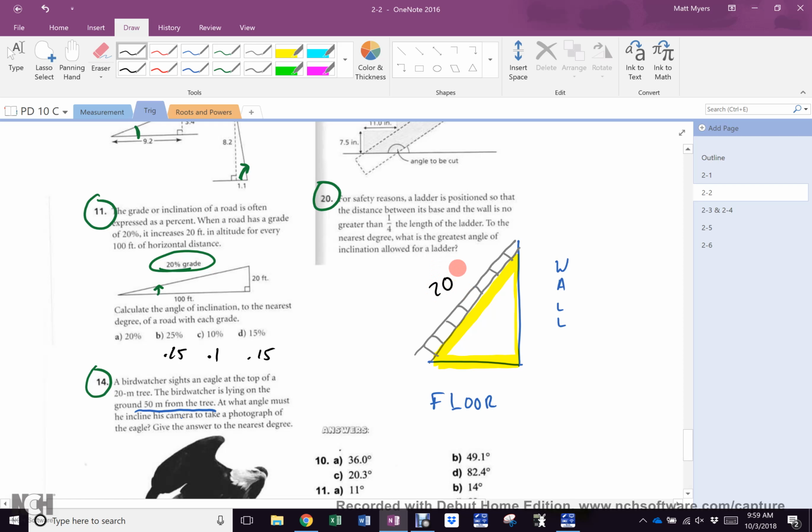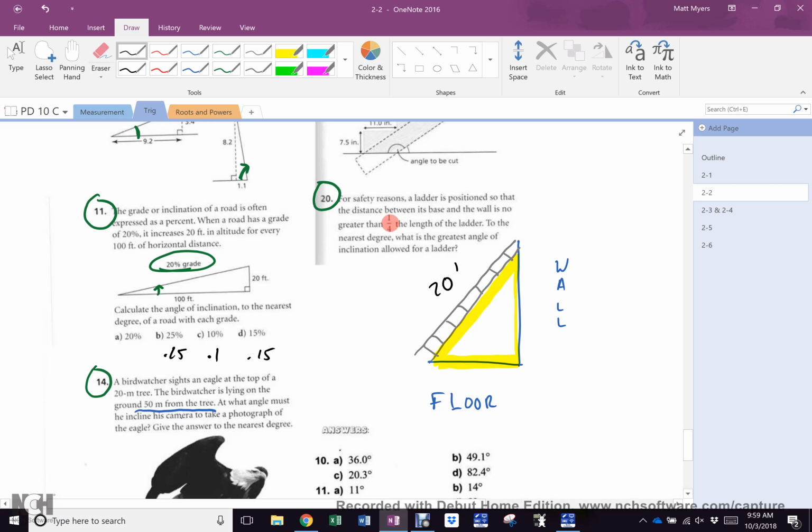This is a 20-foot ladder. Now, Preston, I know why you chose 20. Why don't you tell us why you chose 20? Well, it's actually Roger and Brittany who figured it out. But you just need a quarter of it.